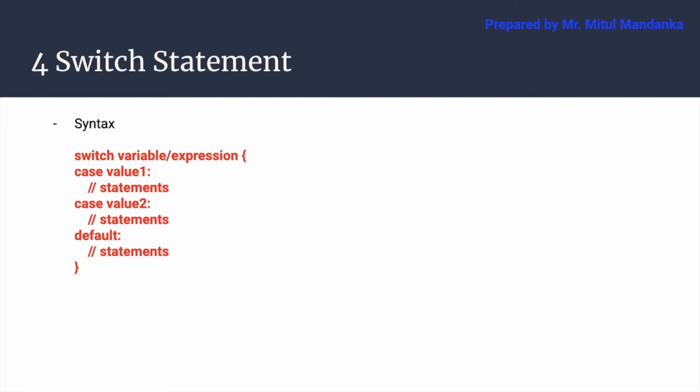If there is no match, it goes from the first case to the next, and if no cases match, then the default statement will be executed. The default keyword is used when no case matches.